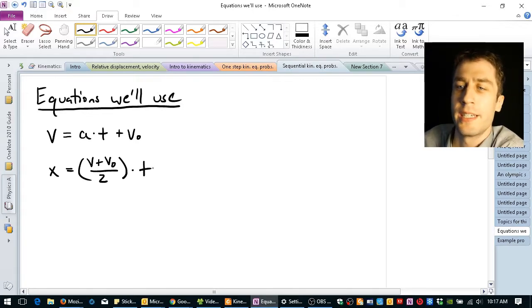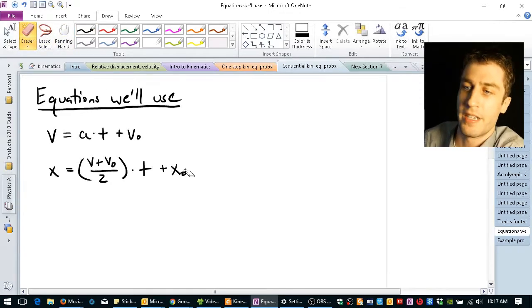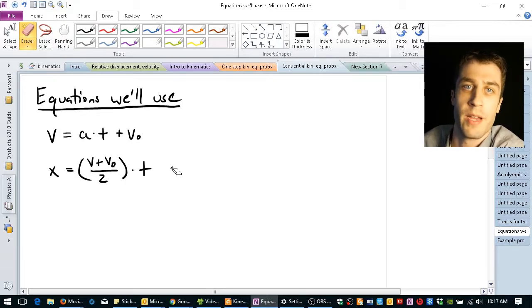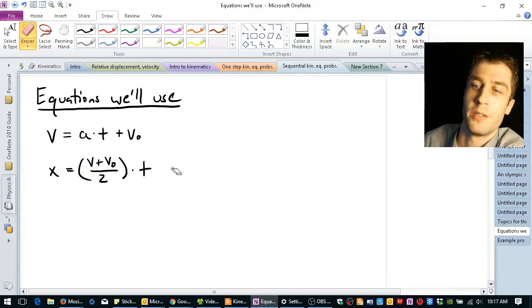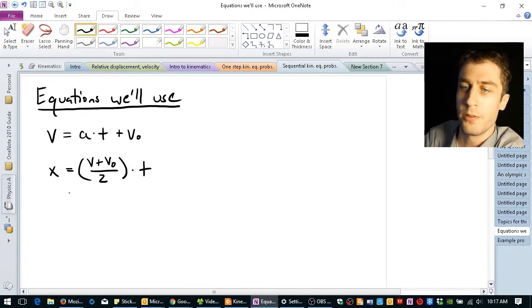Now we're not going to add the x naught on there. You know that typically we have an x naught here, but I'm going to say no. Don't include that whenever you're doing sequential kinematic equation problems, and I will tell you why. That's going to be true of the remaining two kinematic equations as well.